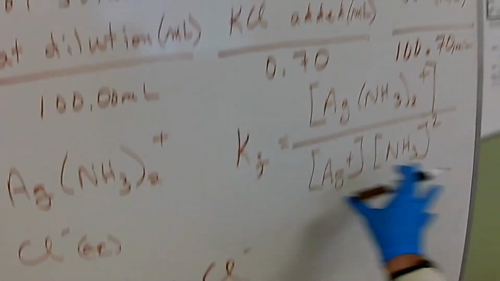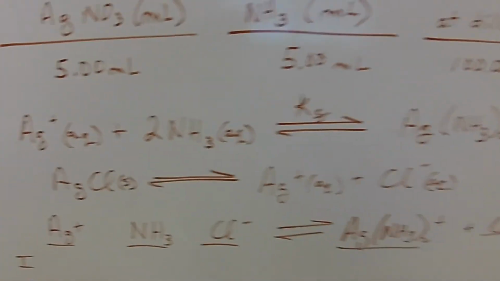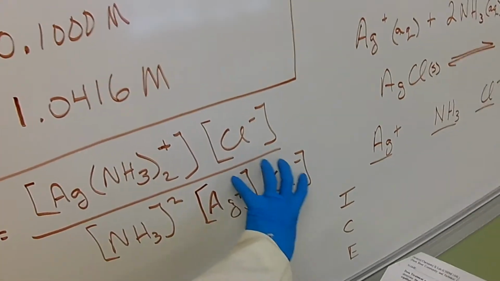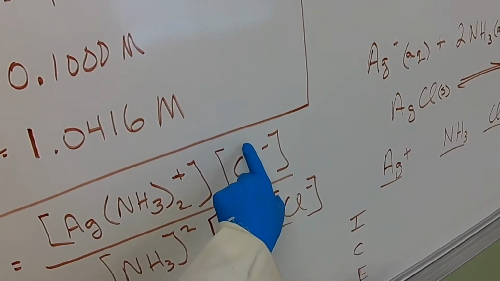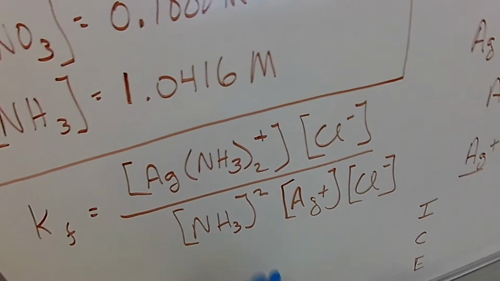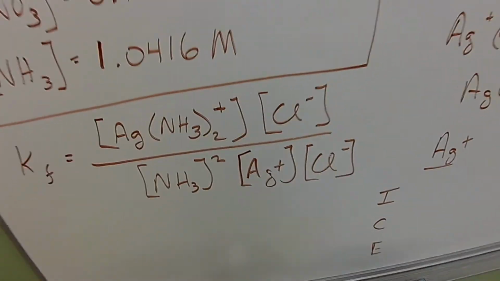And then the concentrations can go into our expression. Right here. No, not that one. The one I erased. Sorry. Where we have KSP right here. And then we can put in these values because this is after the reaction. This is before the reaction.